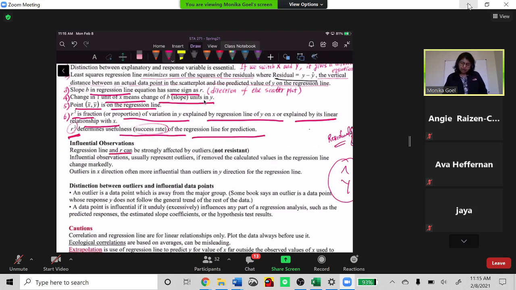The regression line and R can be strongly affected by outliers. Influential observations usually represent outliers. If removed, the calculated values of the regression line will change a lot, or not. If it changes a lot, then it is an influential observation. And outliers in the x direction are more influential than outliers in the y direction of the regression line.